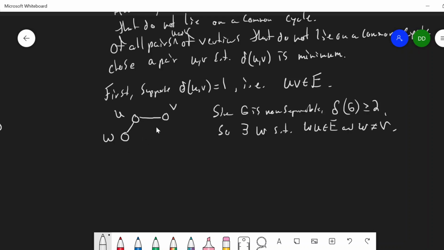Of course, if there were no paths from W to V, then U would be a cut vertex. This is the idea of Theorem 3.2.